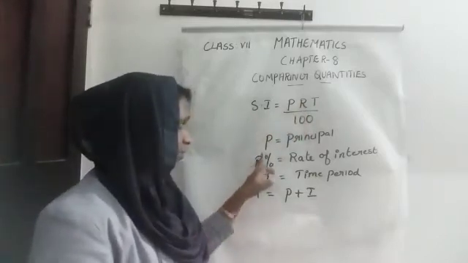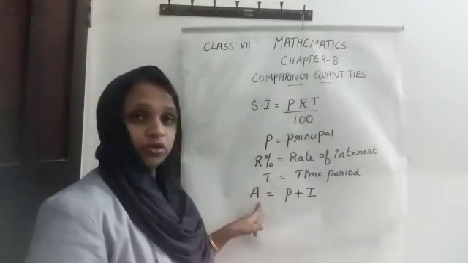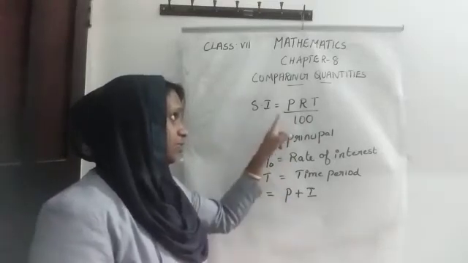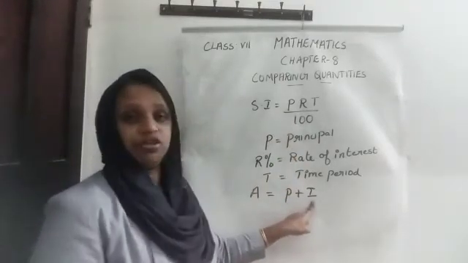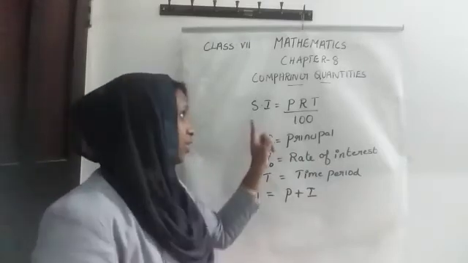So that means PRT by 100, and the total amount A is equal to the principal amount plus interest. Principal amount plus interest gives what? Amount. So what is our formula?